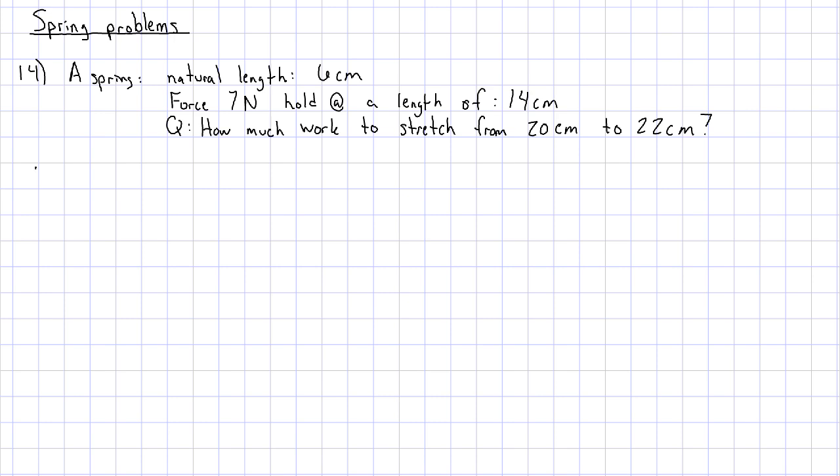We're going to use Hooke's law for this. So Hooke's law is that the force exerted on a spring is equal to K times X. So this is the force function. It's the thing that we're going to integrate.